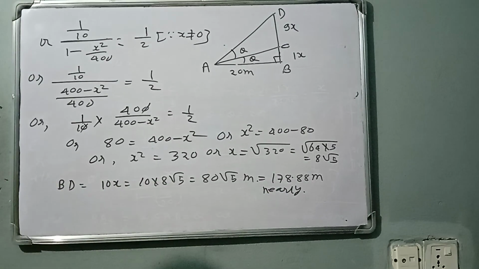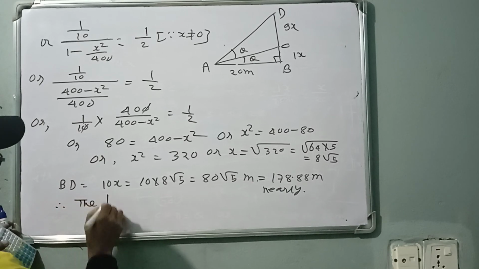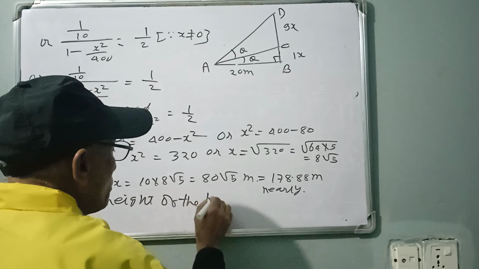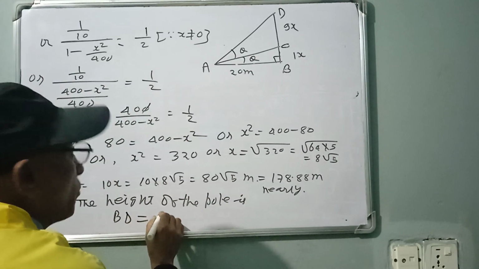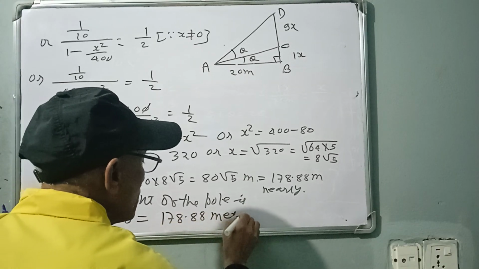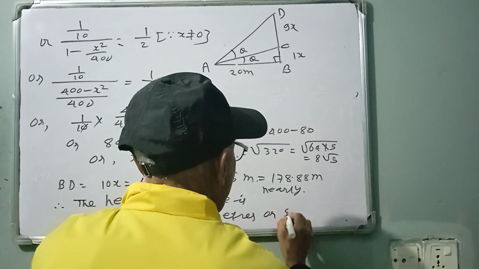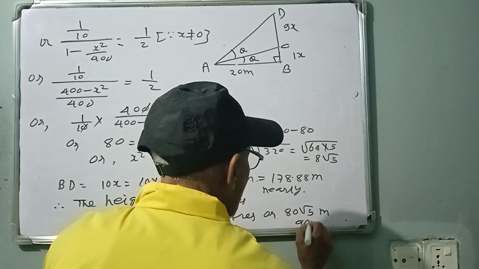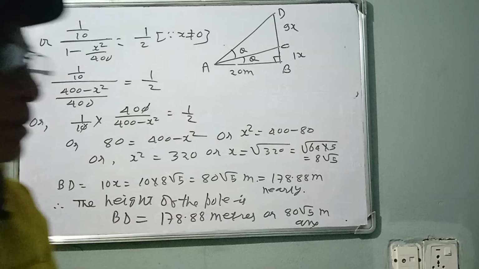The total height of the pole is 10x, therefore the height of the pole BD equal 178.88 meters, or some students can write 80 root 5 meter. Nearly. Finally, you have to write nearly. This was for today.